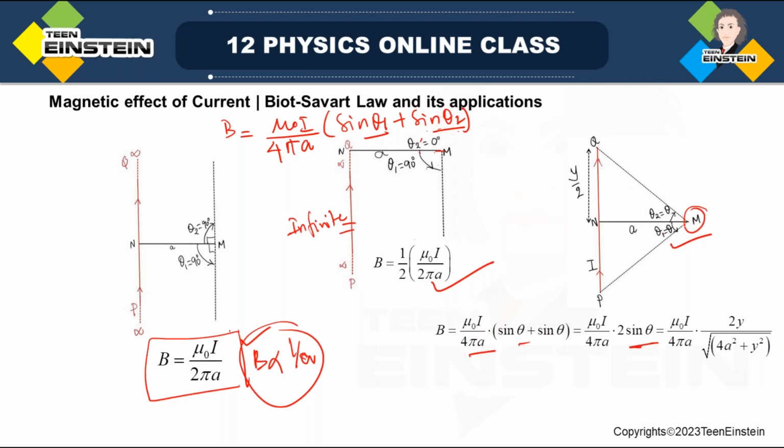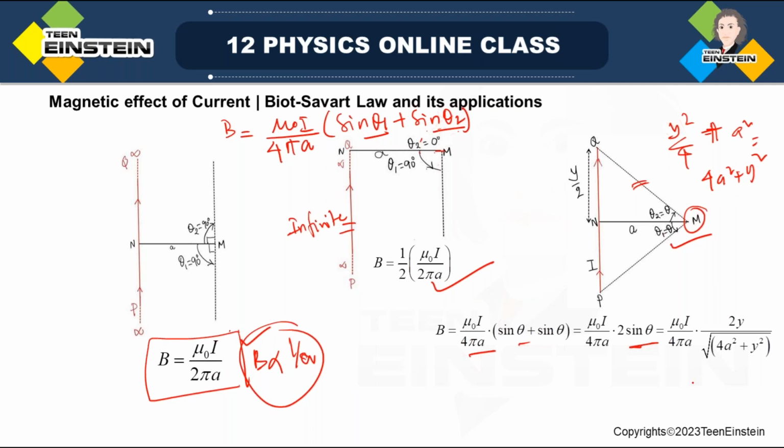Again this length we can find out. This is y by 2, so y square by 4 plus a square. So 4a square plus y square by 4, by 2.